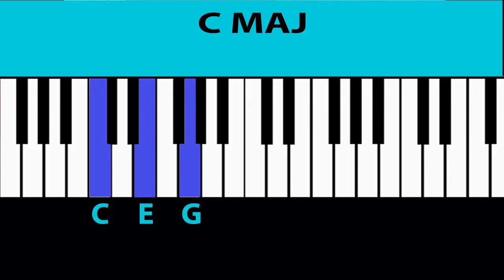Now, if we look at how these notes are organized, we've got C to E, and that is an interval of a major 3rd. And you can hear that when you play it. And then between the next one here, E to G is a minor 3rd.